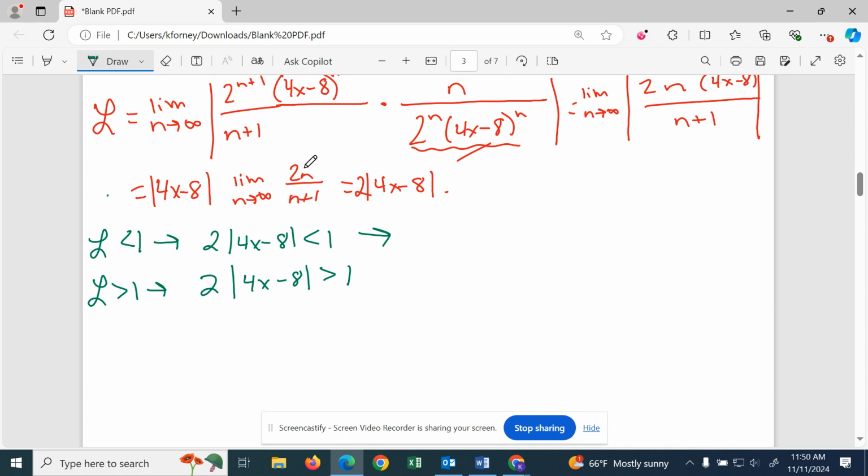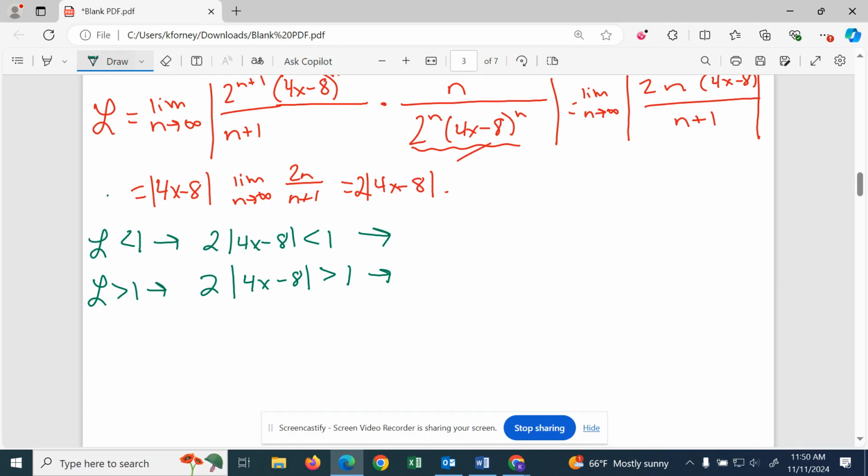Okay, so we need to be careful here in determining the interval of convergence. The interval of convergence requires that the absolute value of x minus a be less than r, and the absolute value of x minus a greater than r. So when we look at this, we don't have it in the correct form because we don't have x minus a. Right now we have 4x minus something else.